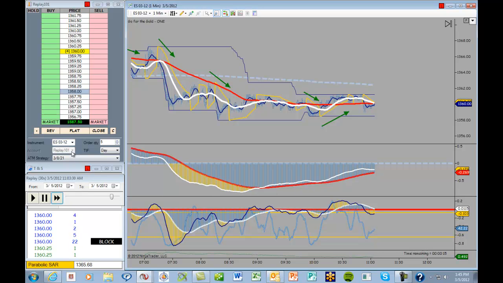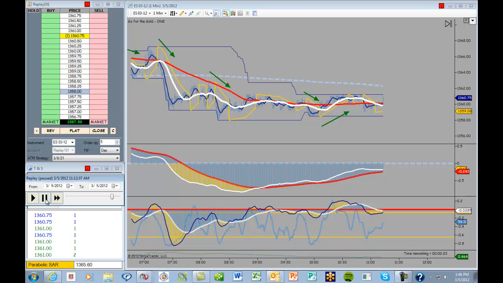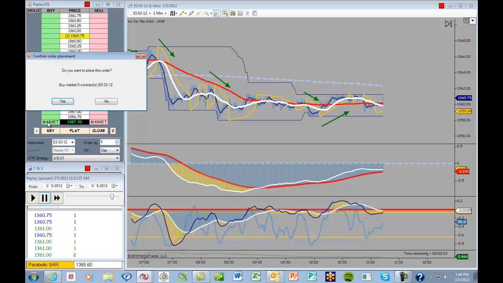This MACD is very potent. All right, now, are we going to go higher? Let's get a little closer to a crossover on this. Oop, there you go. Spiked up. Okay, let's get long.